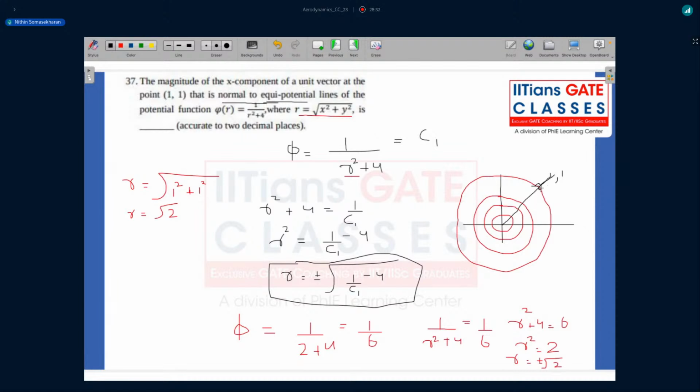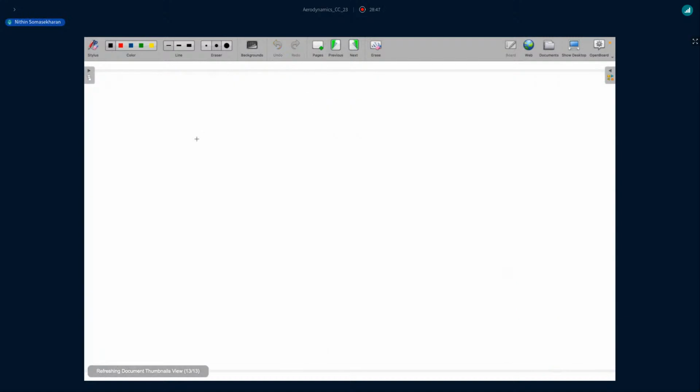All right. So this vector which basically intersects at 1, comma 1, and the origin is basically at 0, comma 0. All right. So the way we would characterize the equation is nothing but the vector. Let me call it v vector would be nothing but 1 minus 0 I cap. So basically, the way you would characterize the vector would be nothing but x2 minus x1 I cap, and y2 minus y1 j cap.